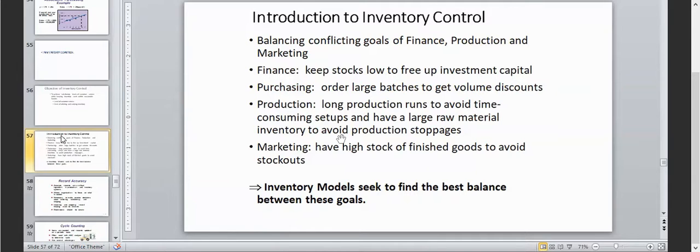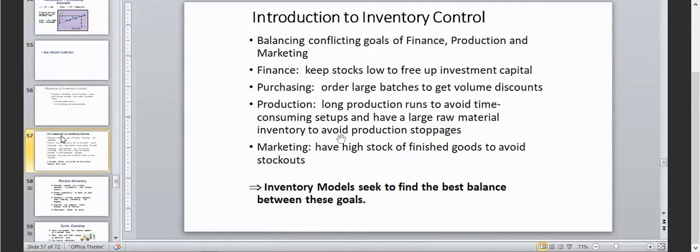And there will always be arguments with the finance department. They keep arguing, why do you need to buy this component? I just signed the buying approval last week.